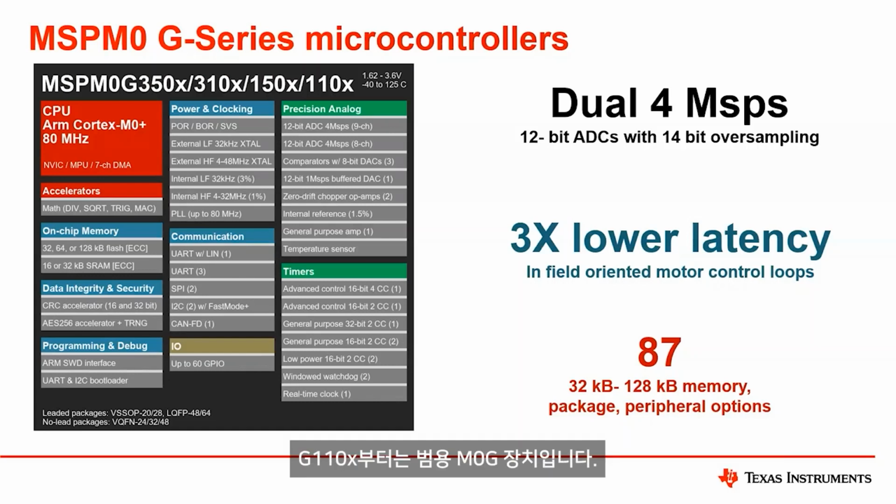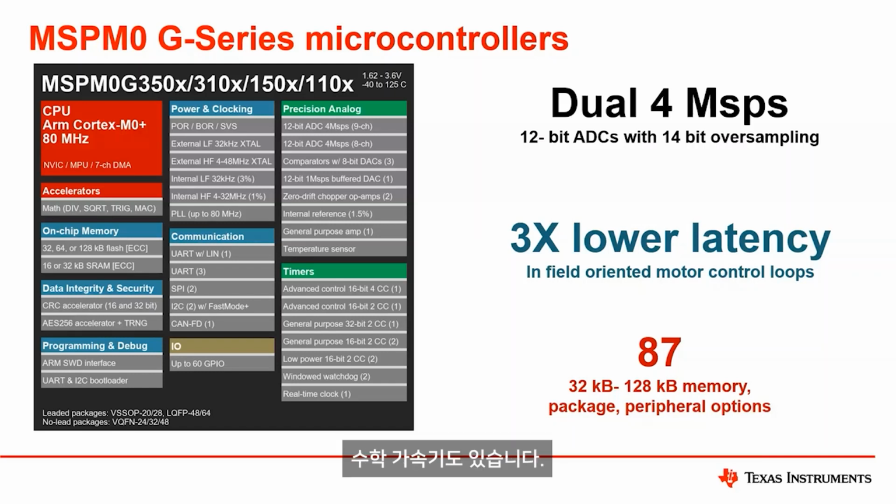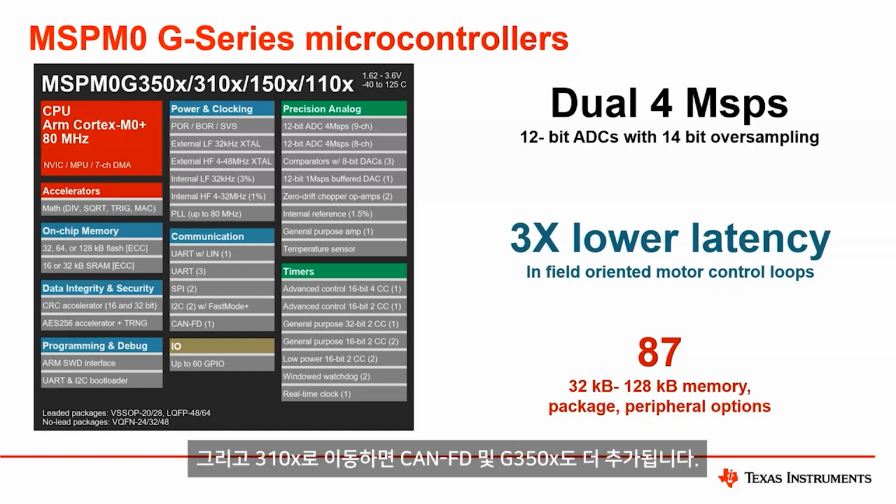Starting from G110X, that is your general purpose M0G device. Then going to 150X, you're adding a little more analog, such as op-amps. We have the math accelerator as well. And moving on to 310X, you're adding CAN-FD, and G350X as well.